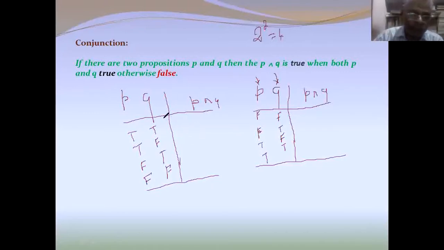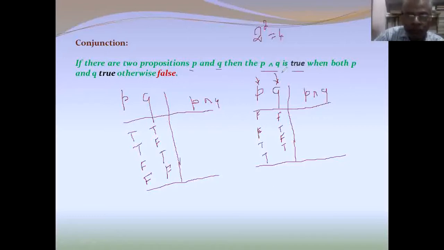There are four different values in this case also, and there are also four different cases. This definition says if P and Q both are true, then P meet Q is true, and false otherwise.